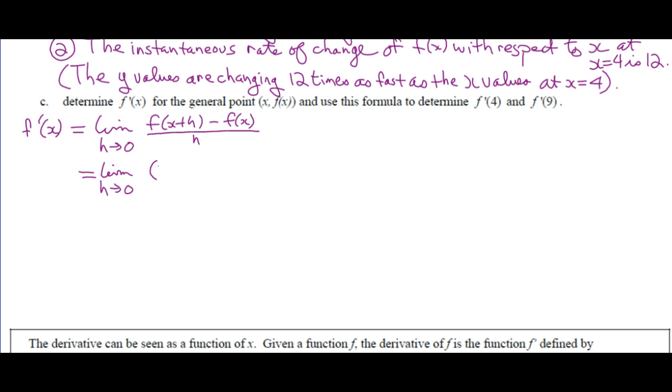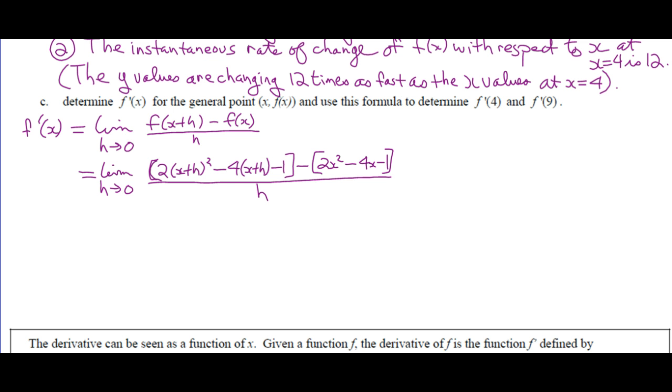So it's going to be 2 times x plus h squared minus 4 times x plus h minus 1. Okay, so that's f of x plus h, right? That's f of x plus h minus f of x. So minus 2x squared minus 4x minus 1, all over h.